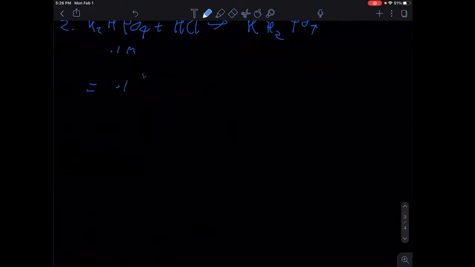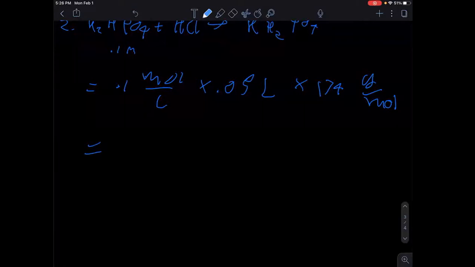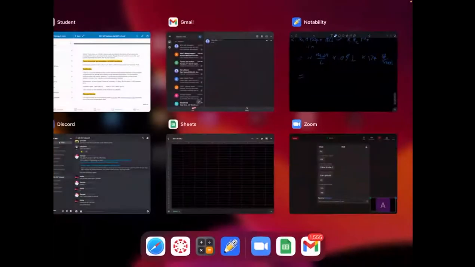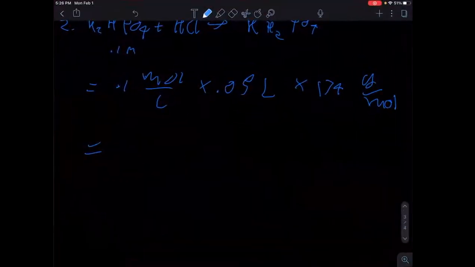So we have 0.1 mole per liter, that's 4.5 liters times 174 grams per mole. Go ahead and do the calculation. I'll put it in. It should be 0.87 probably, something like that. I'll do it myself, 0.445.